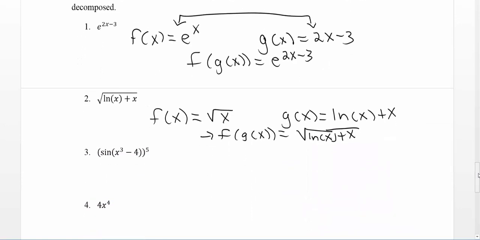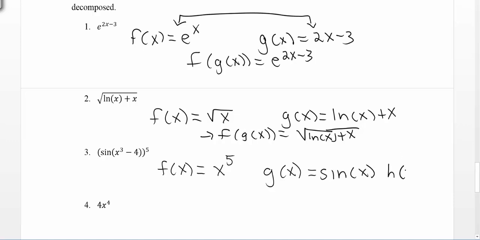Let's try two more. So for number 3, I'm going to do something a little wild. I'm going to say f of x equals x to the 5th, g of x equals sine of x, and h of x equals x cubed minus 4. Now here, I've picked 3 different functions to compose.